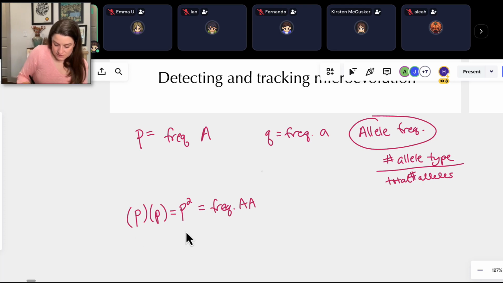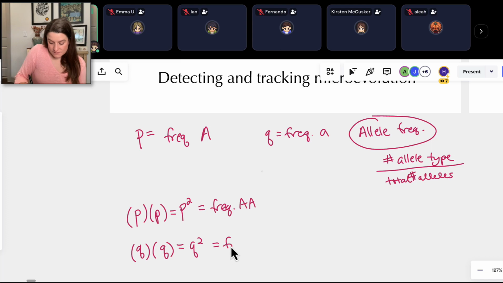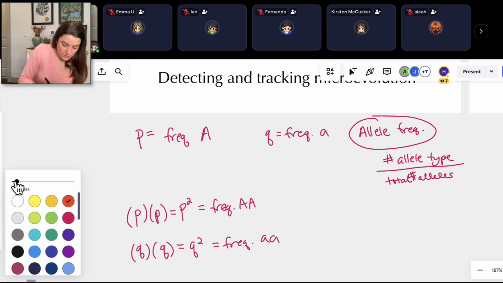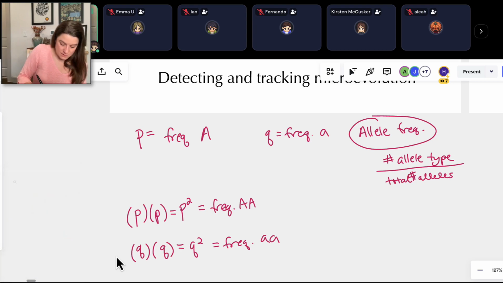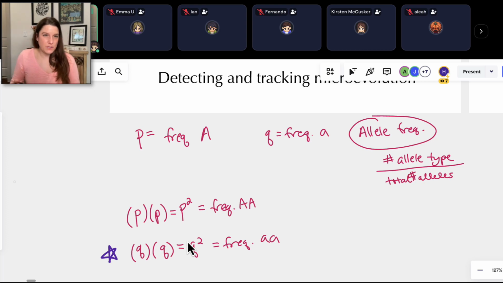And then what's the frequency of getting two little a's together? Well, Q is the frequency of one, Q is the frequency of another one, so Q times Q is Q squared, and that's the frequency of your homozygous recessive, little a, little a. That's one of the ones you're probably looking for, because with Q squared, there's only ever one way to get a little a phenotype.